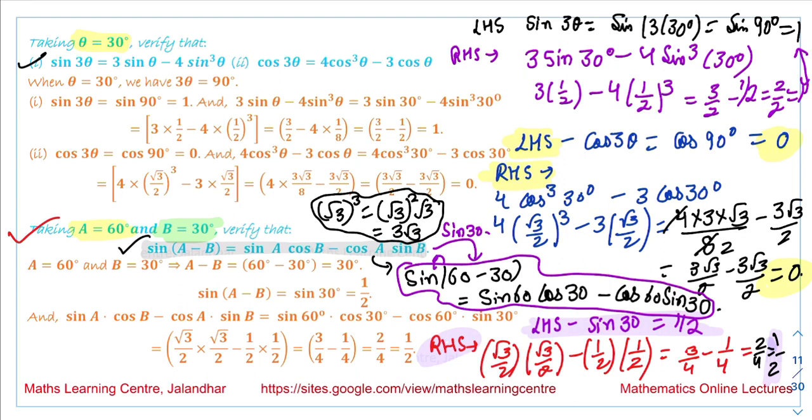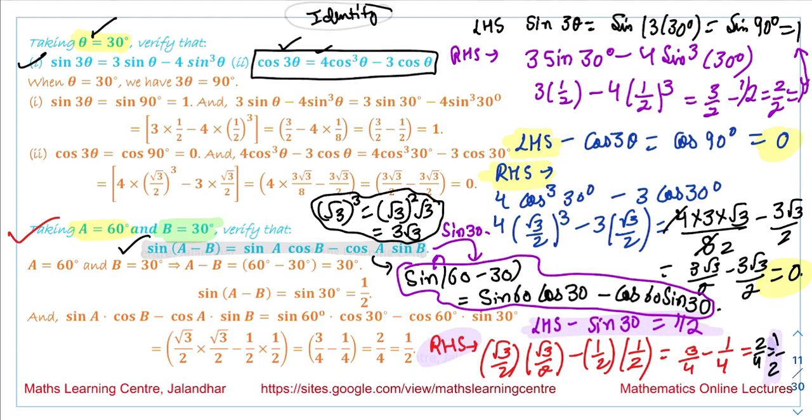I am just saying that if it is given that for theta equal to 30 degree this equality is satisfied, it doesn't mean that it is always satisfied. We have to give the proof that this holds for every value of theta if we want to make this an identity.